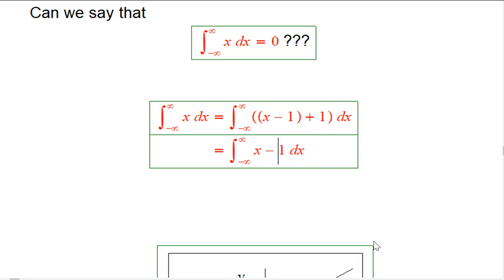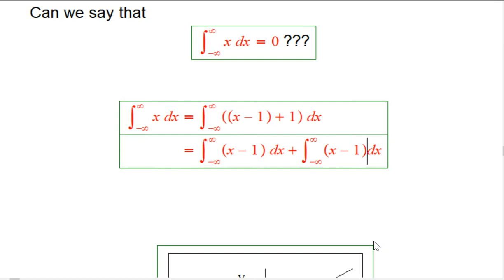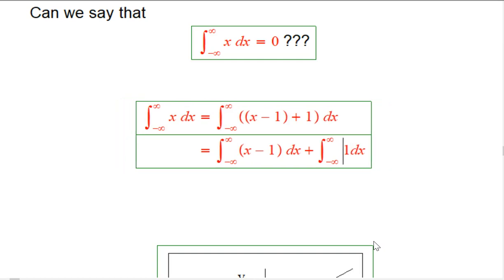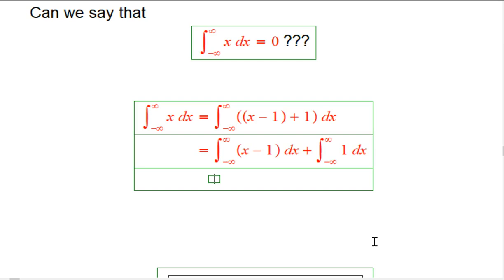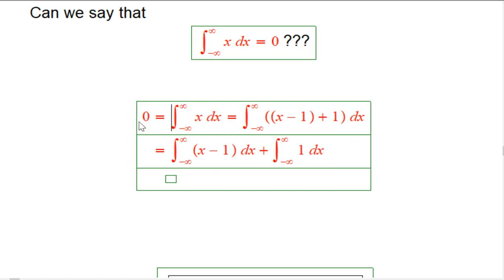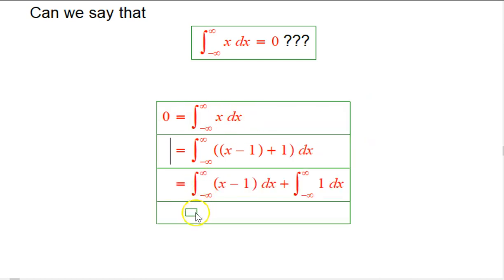So we're going to get this integral with the parentheses, plus the integral of something rather simpler, just 1. Very simple. Now, if we believe this argument that by symmetry around the origin, this should have been 0, then I'm going to put in an explicit value there.